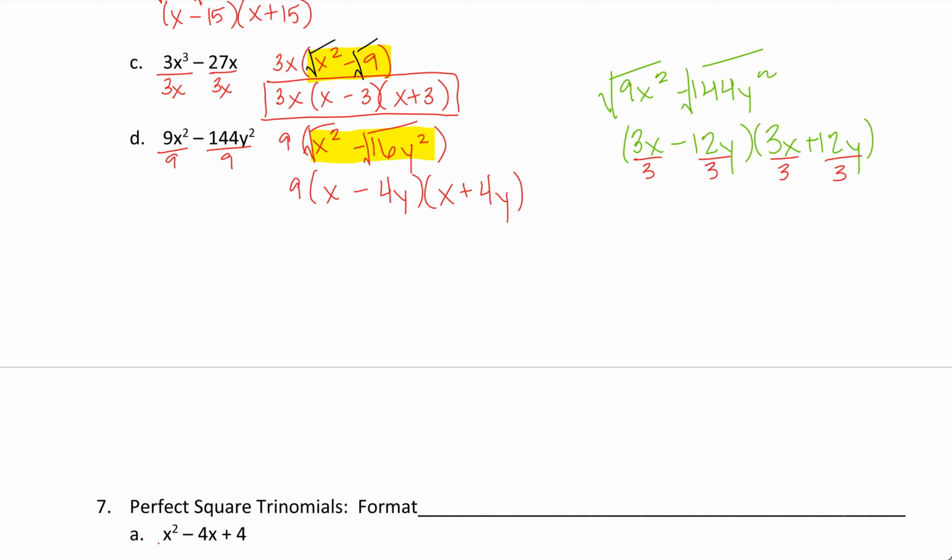So again, I have to know that I'm not pulling out one 3, I'm actually pulling a 3 out of the front one and I'm pulling a 3 out of that last one. So that becomes a 3 times 3 outside, and then x minus 4y, x plus 4y.